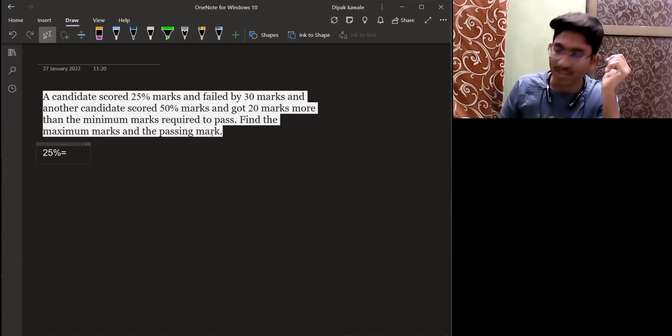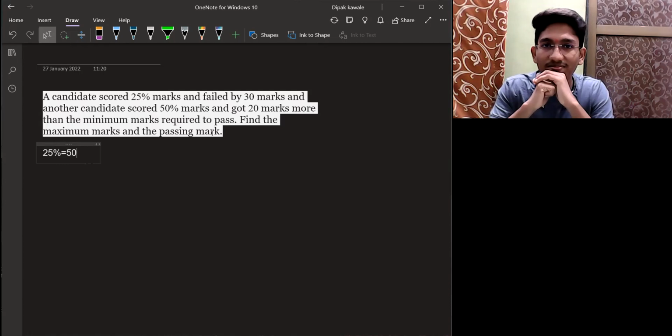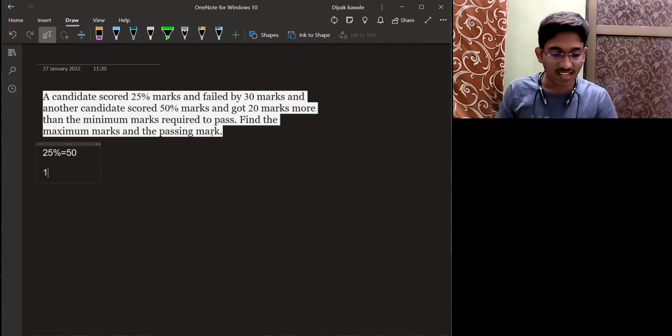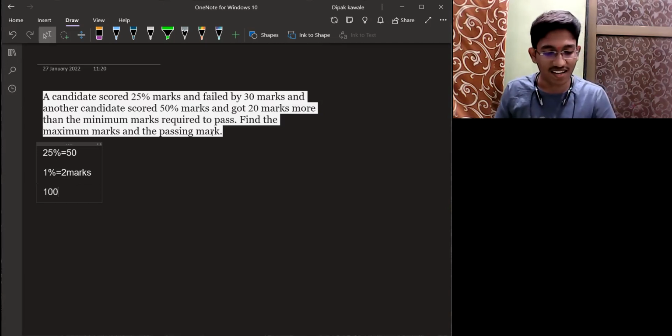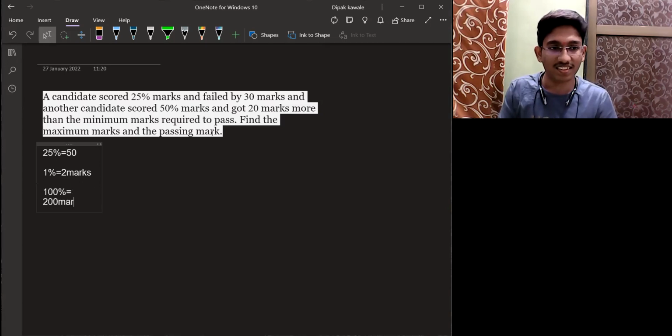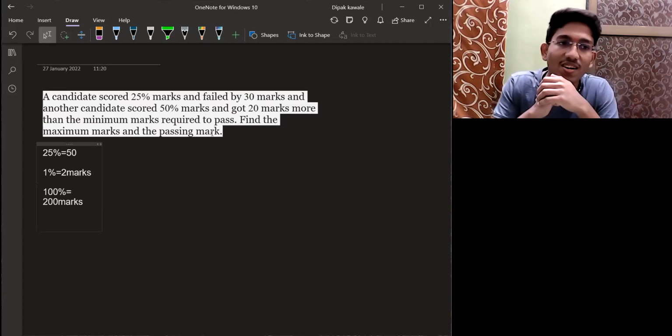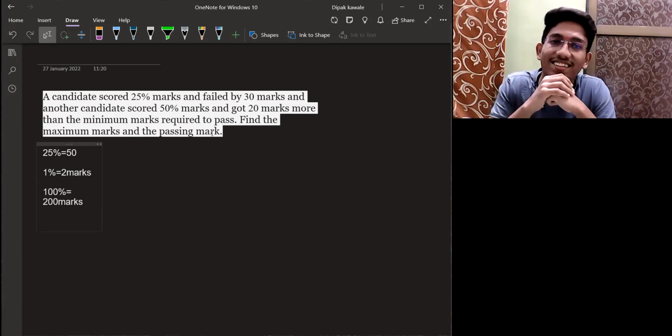That means my 25% is equal to 50. I can say that my 1% is equal to 2 marks, correct? That means 100% is nothing but 200 marks. Now the follow-up question for this is to find the minimum marks.